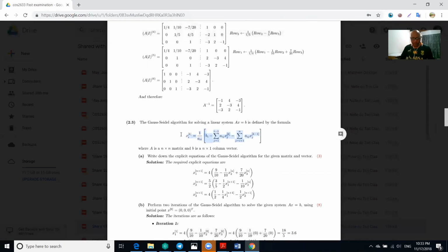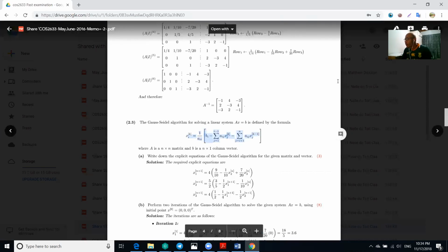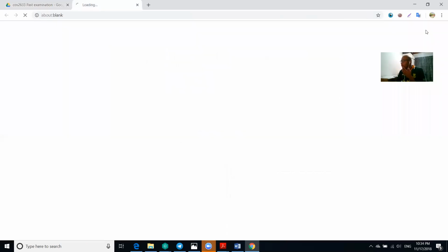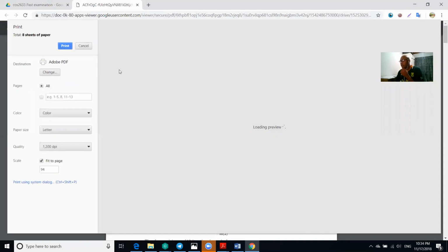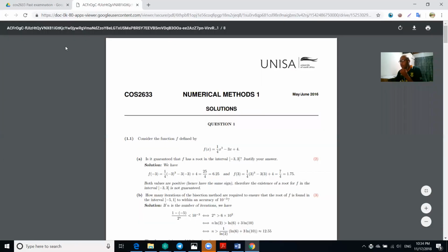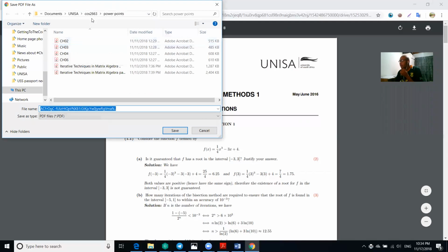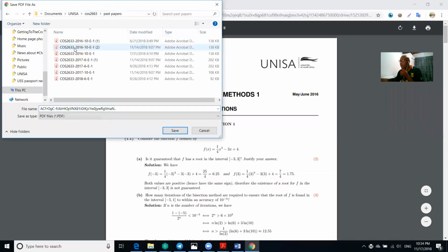So right now what we have is a 2x2. I'm just stressing for this exam.